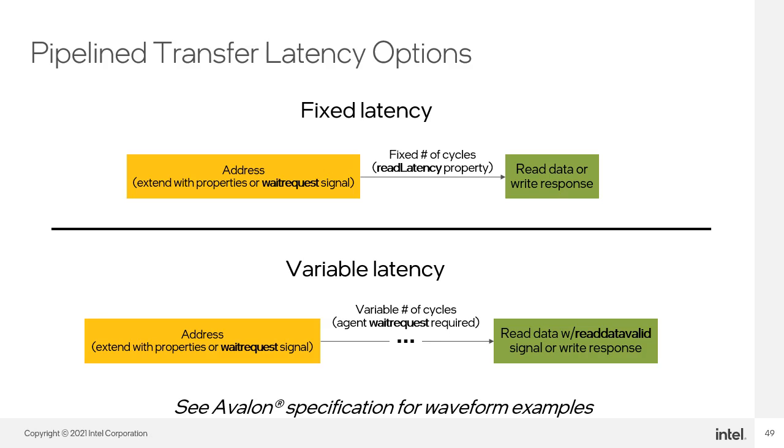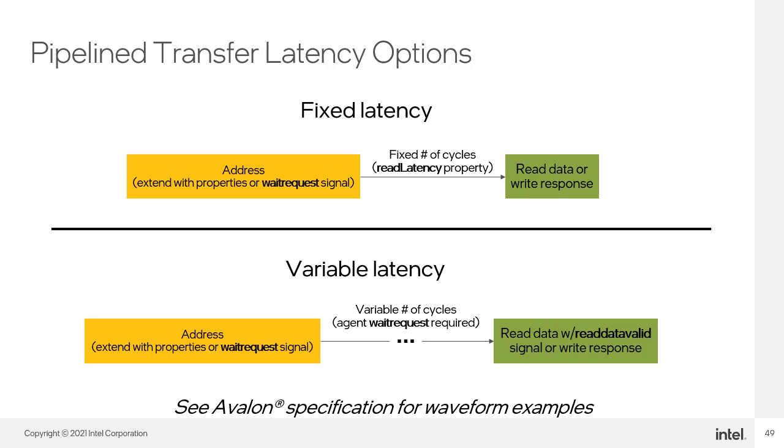If the agent cannot always provide data at the same fixed cycle or wants to control the number of pending transfers, variable latency can be implemented. For variable pipeline latency, the agent must control the wait request signal whether wait states are needed during the address phase or not.